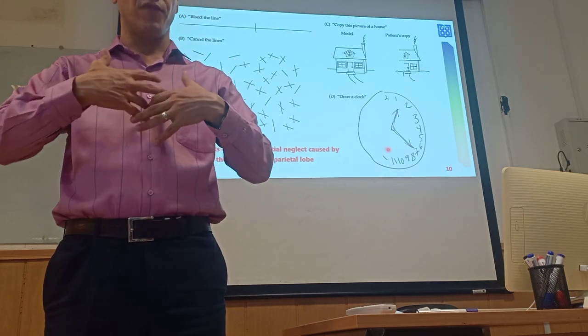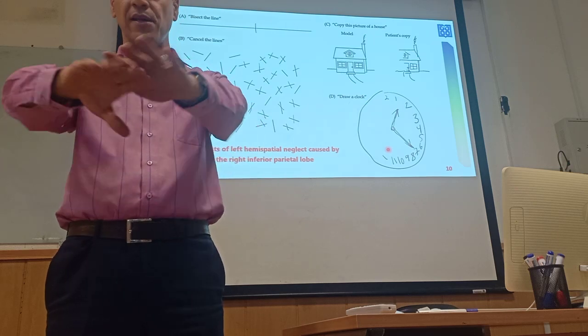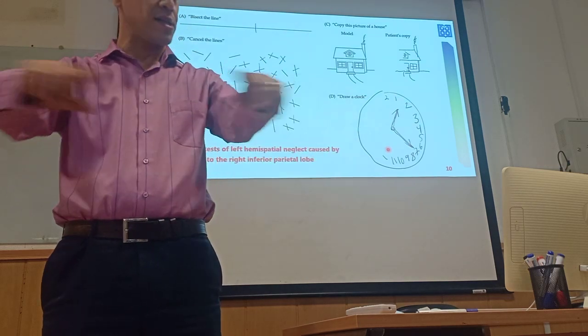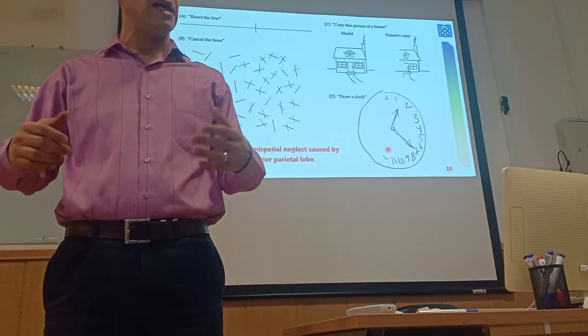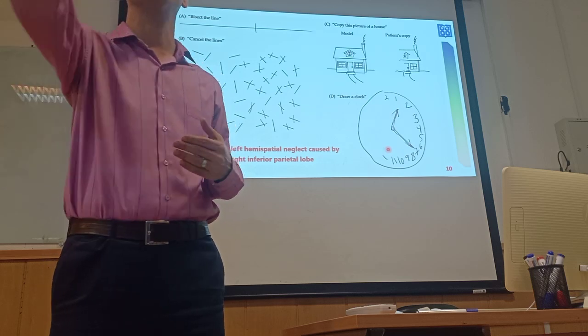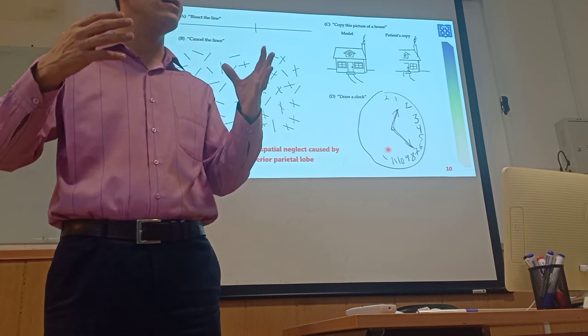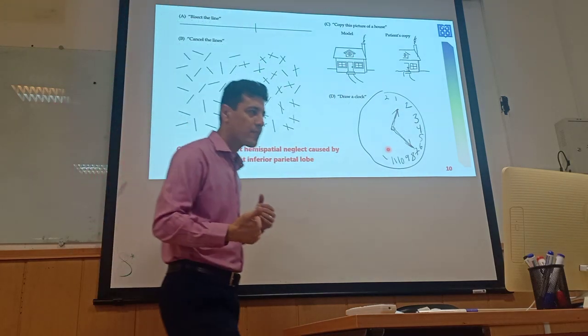So we are aware of the near space, our body, and the space that we have access to, for example, this circle. So we call this near space. It depends on the dorsal part of the parietal cortex. But far space depends on the ventral part of the parietal cortex.